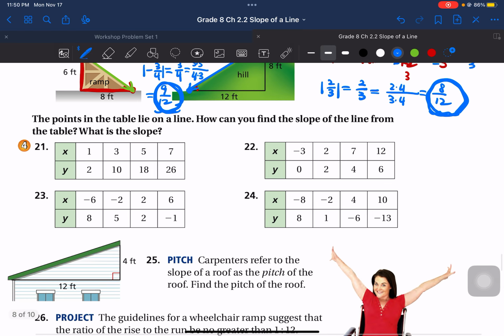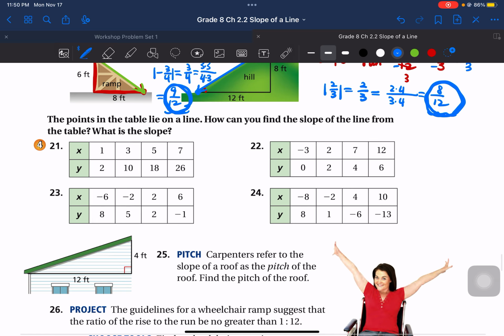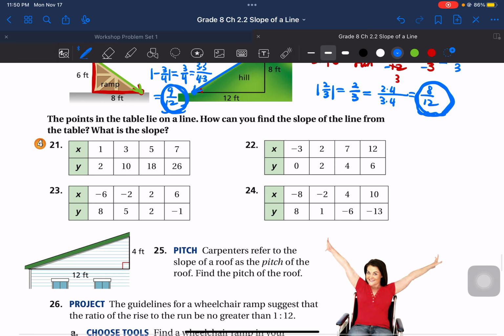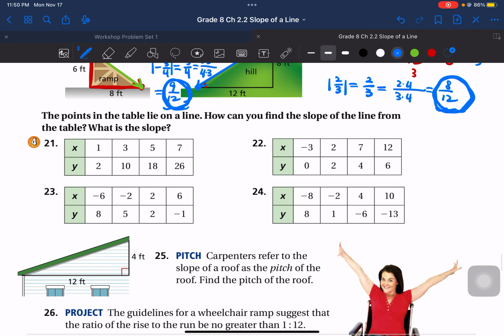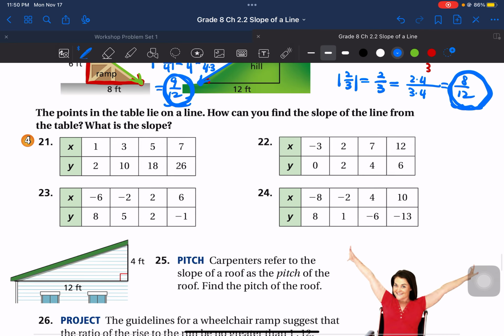And then let's see 21 to 24. I just did an example, so you should know how to do it. Let me just do one example with you. So let's see 21, I can pick any point.